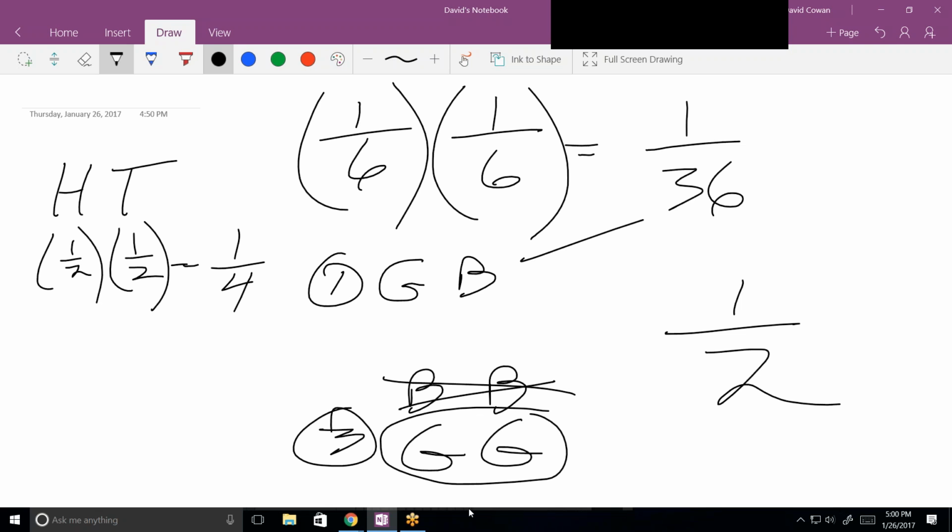In other words, we're talking independent events. Independence means there's no relationship between the two events. Dependence means there is a relationship. In other words, if it does rain today, well, it's more likely to rain tomorrow than otherwise.